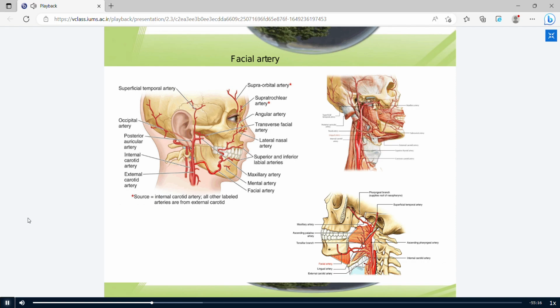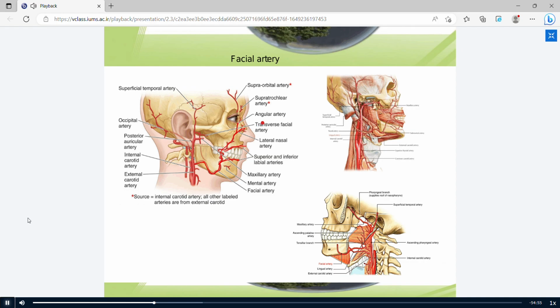After that, it enters the face and divides into the inferior labial branch and the superior labial branch, and it has a nasal branch that goes to the nose.